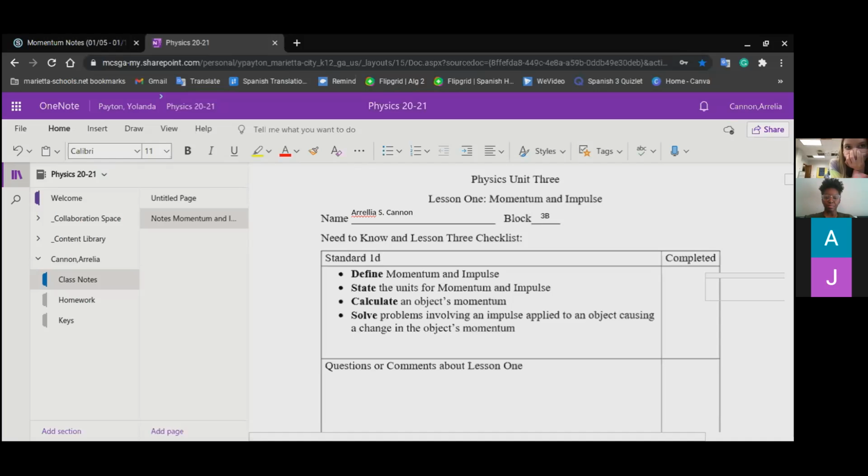So I'm going to look and see who has been in their notebook. I can see that Jordan's been in his. I can see that Jalen's been in his. I can also see Kaylee's been in hers.